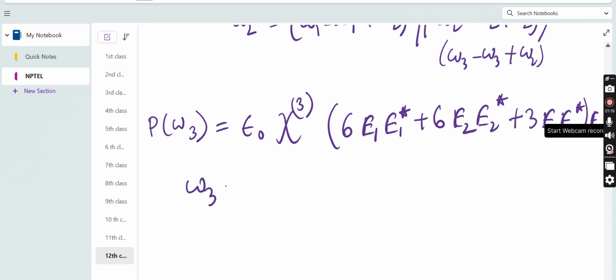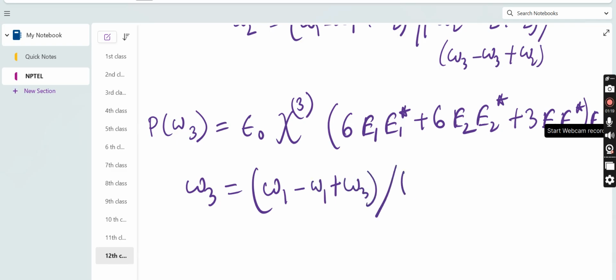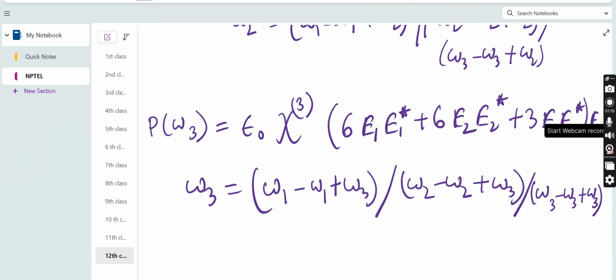So omega 3 can be generated as omega 1 minus omega 1 plus omega 3, or omega 2 minus omega 2 plus omega 3, or omega 3 minus omega 3 plus omega 3.